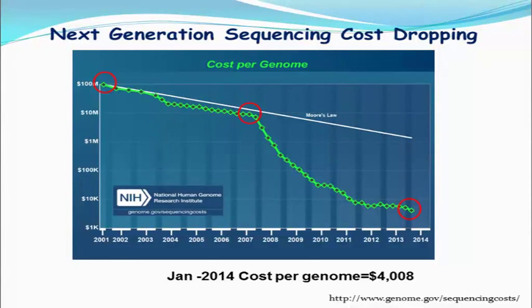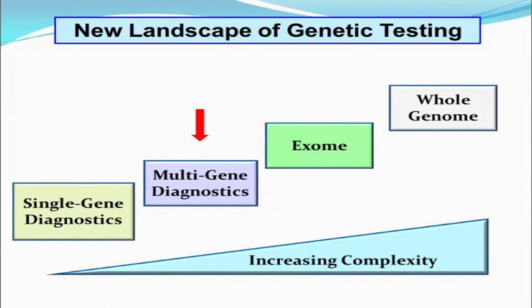In 2007, just before next generation sequencing technology was invented, you still needed $10 million to sequence one human genome. Since then, the price has dropped significantly. To date, sequencing one human genome costs $4,000. And next generation sequencing has established a new landscape for genetic testing.